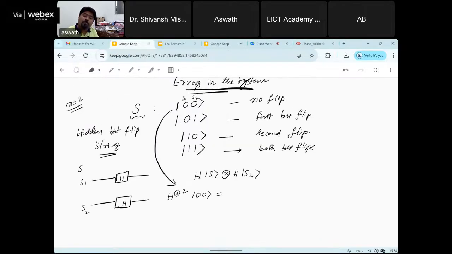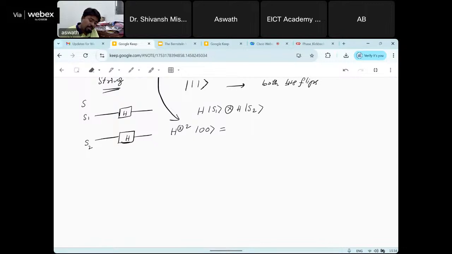In the no effect case, as we all know, it would be an equally probable superposition of 00, 01, 10, 11. Usually people prefer that order: 01, 10, 11.